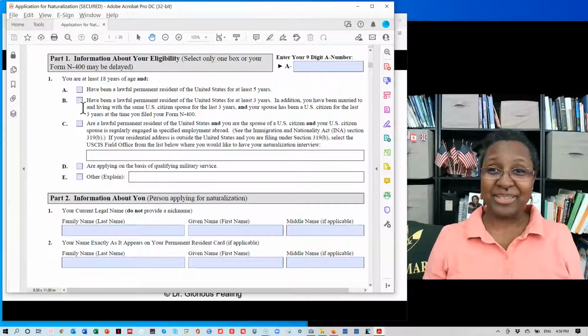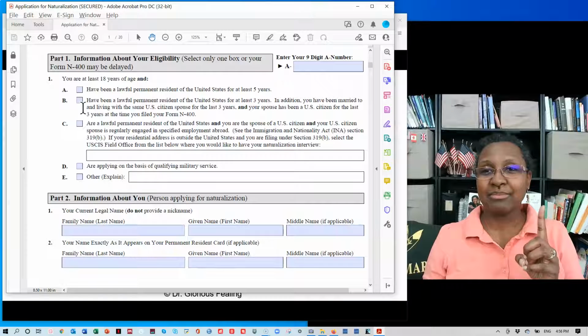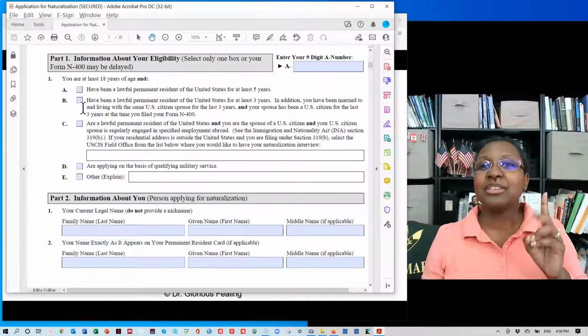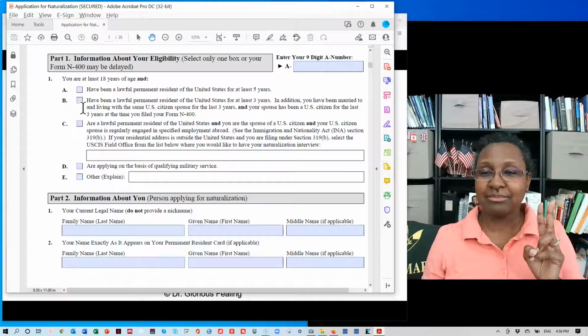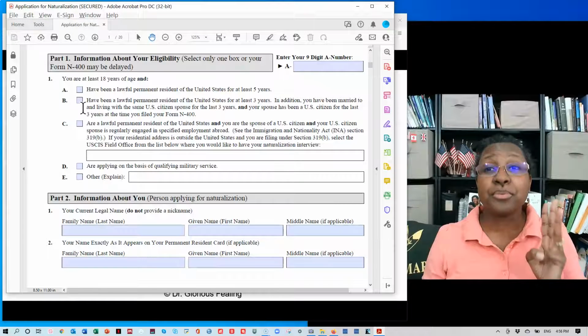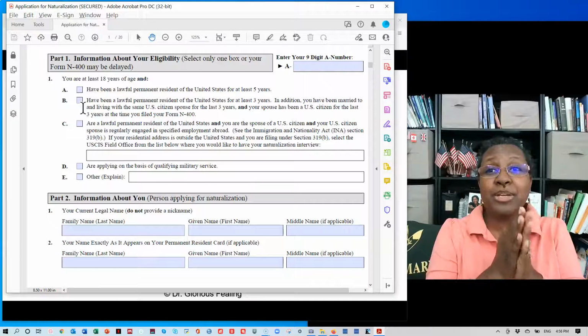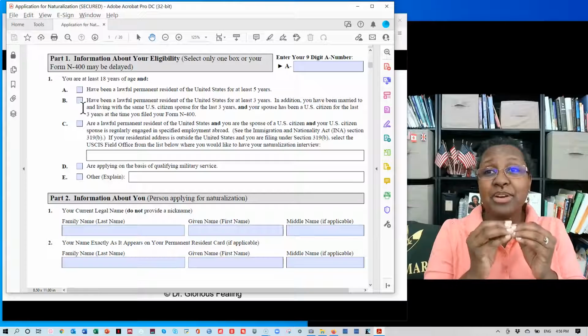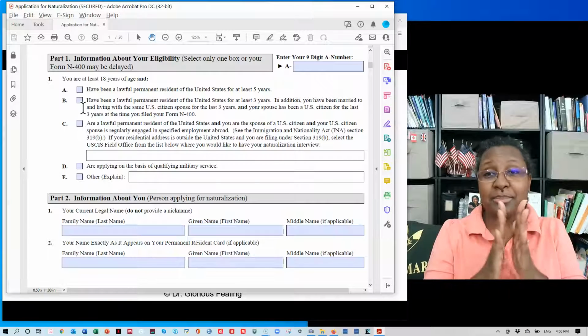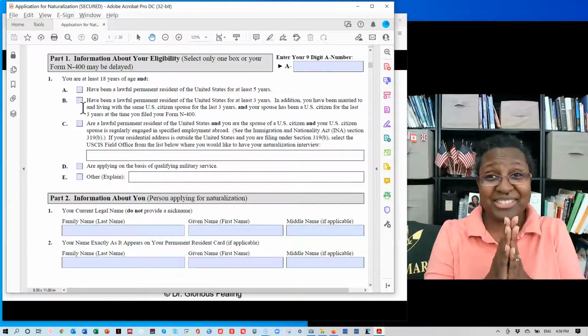That's a little bit complicated, but what it means is you are married to someone. That person is a U.S. citizen. That person has been a U.S. citizen for 3 years. You have been living as a married person with them for 3 years, and at the time you filed your form, they had been a citizen for 3 years.